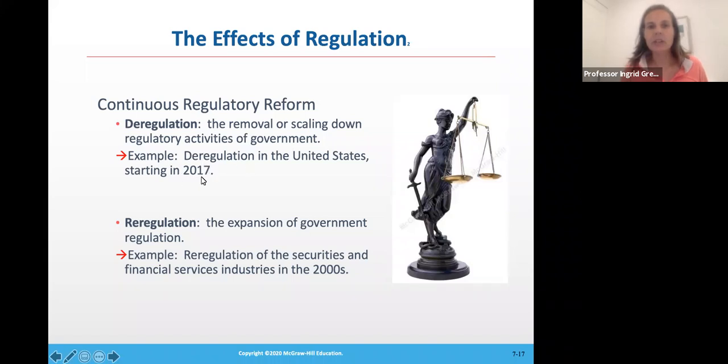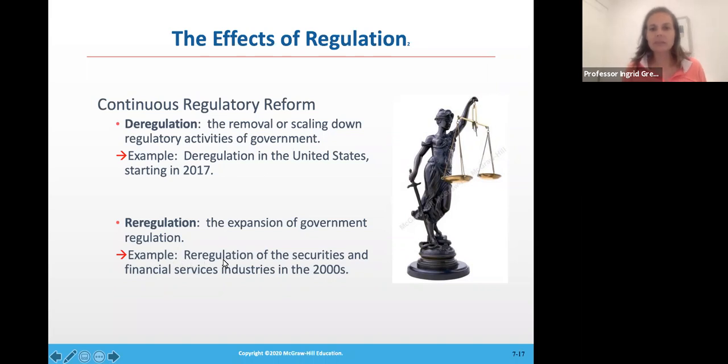And the deregulation in the United States starting in 2017, when Trump came into power, but also when Reagan was in power in the 80s, there was a lot of deregulation. And now when we have Biden in, as you can see, there's a lot more re-regulation, so the expansion of government regulation.